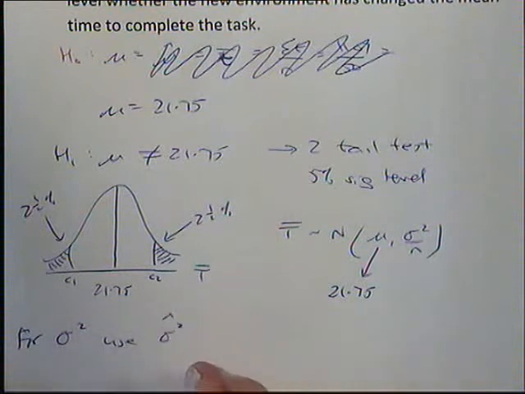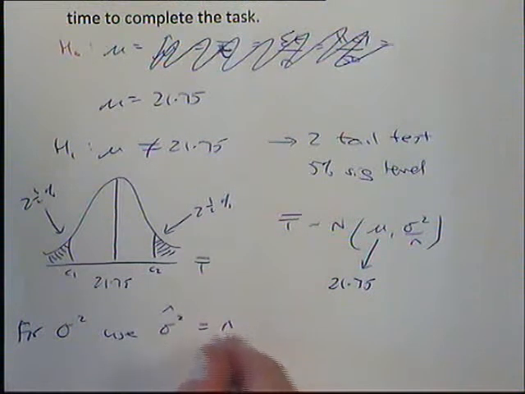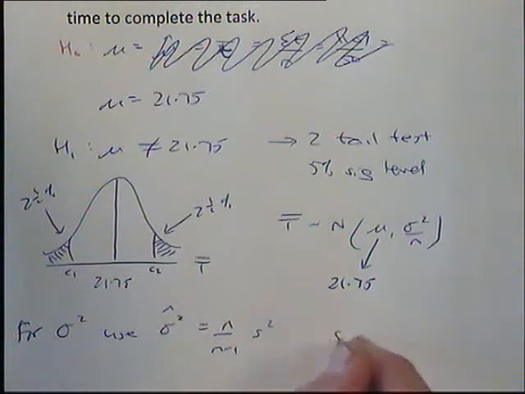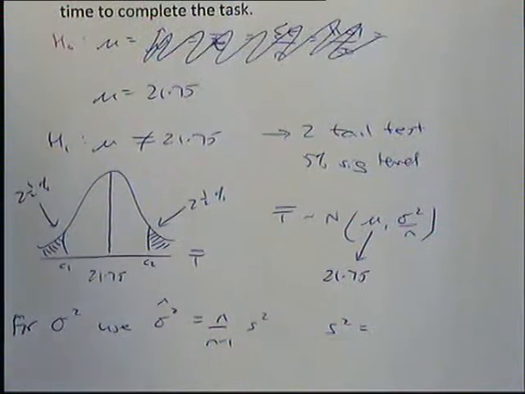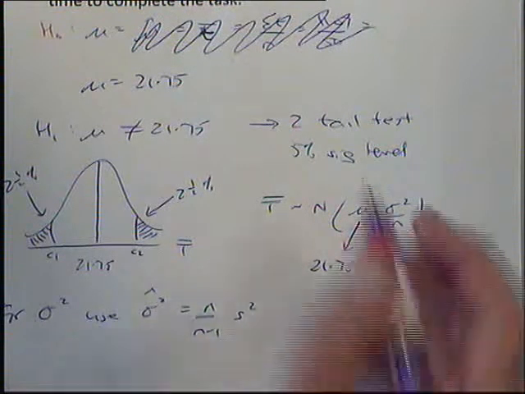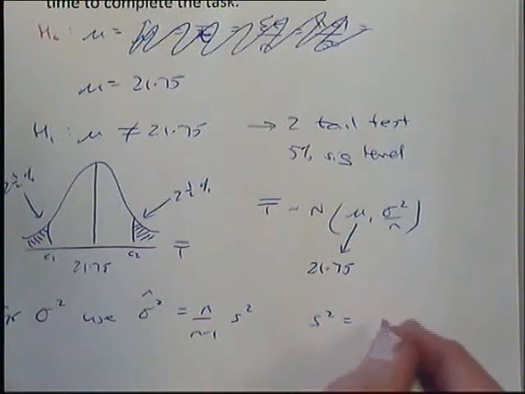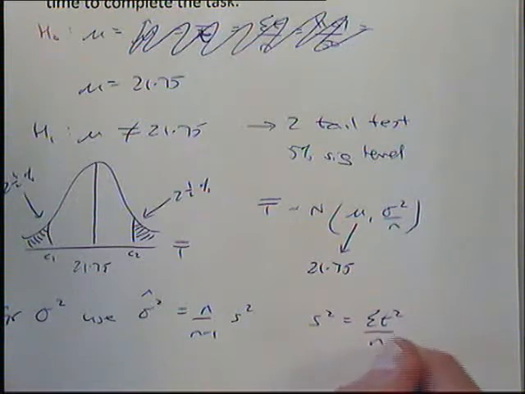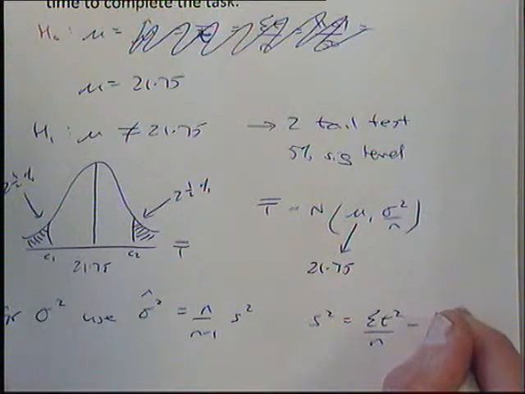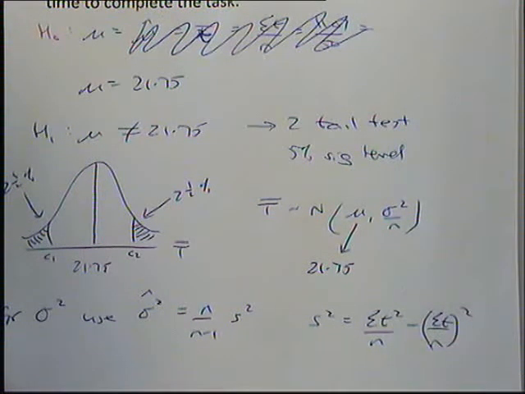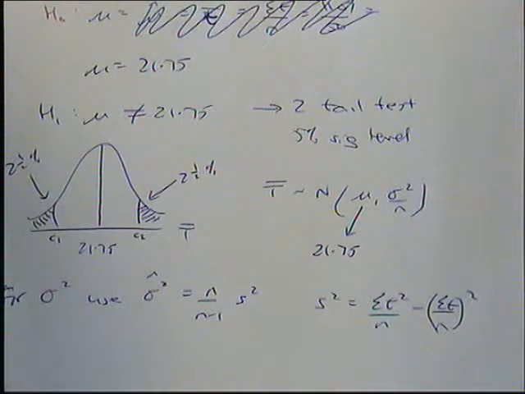So for sigma squared, we have to use sigma squared hat. Can anybody remember how we work out sigma squared hat? n over n minus 1 times s squared. That's correct, where s squared equals the sample variance. And in terms of what it gave us in the question, that is sigma t squared over n, minus (sigma t over n) squared. Okay, that's right. Why would you not use the 21.75 in this?